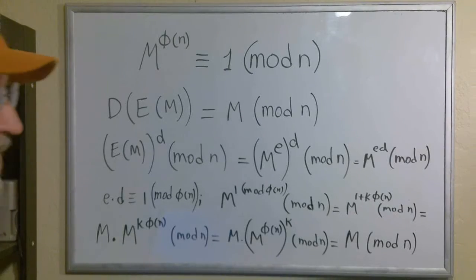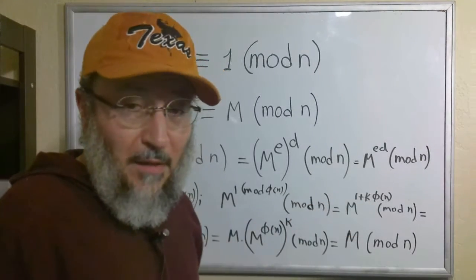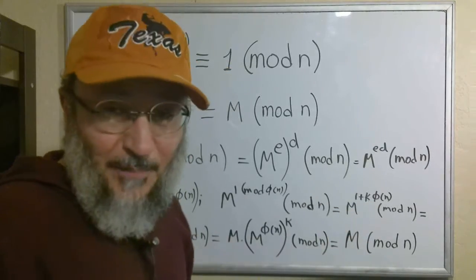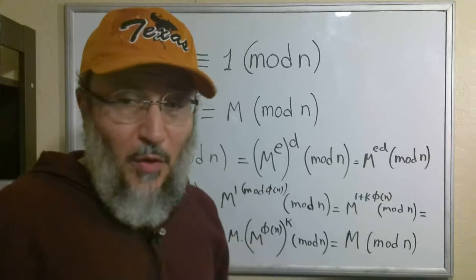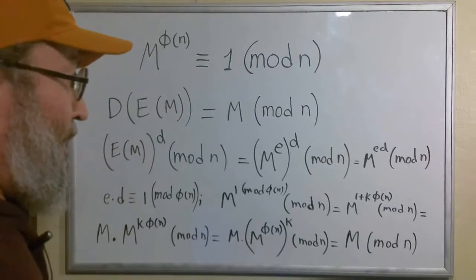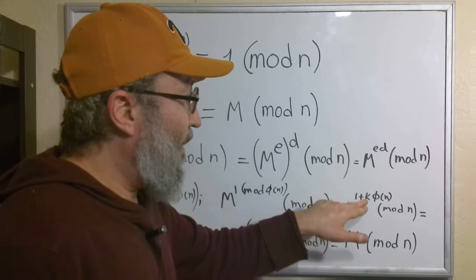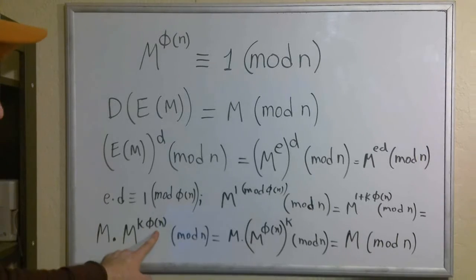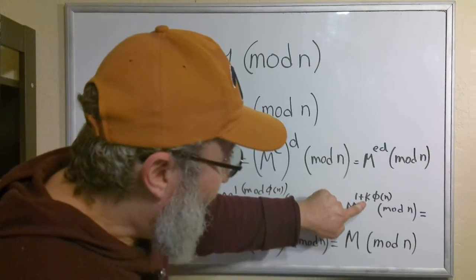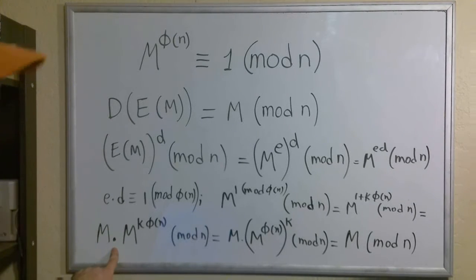Okay, so here I'm going to do some arithmetic to the exponent. So this is some tricks of exponentiation we should also be familiar with. So I can rewrite m to the power of 1 plus k phi of n as m times m to the k phi of n. We know that the plus in the exponent, if we bring it down, becomes a multiplication.